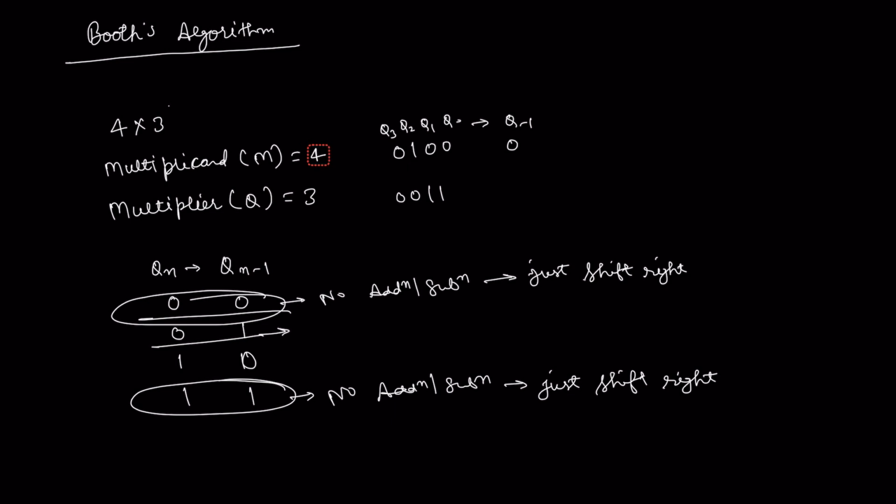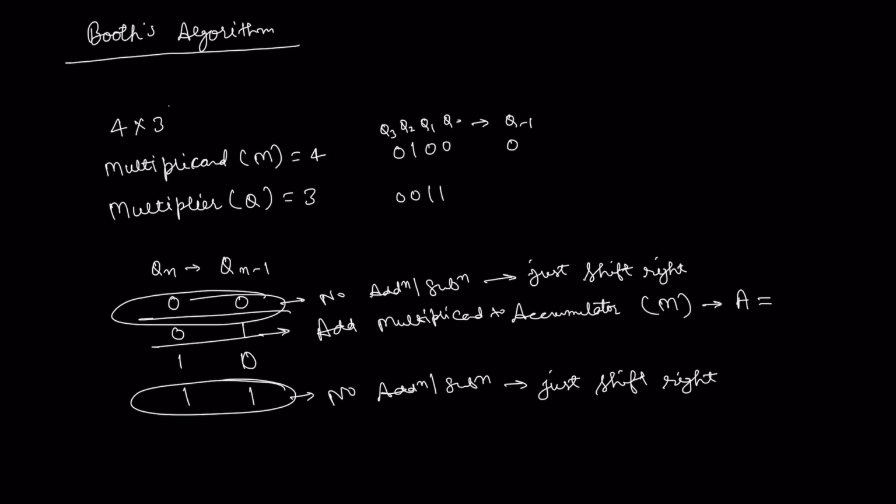And if this is 01, in case of 01, we have to add the multiplicand to the accumulator. We will take one accumulator of n bits. It will start with all zeros. So add multiplicand to accumulator.